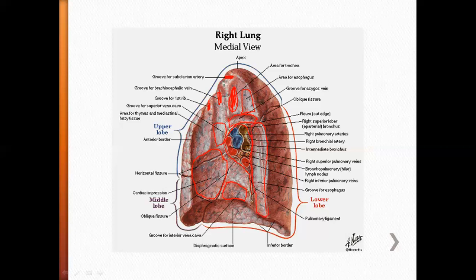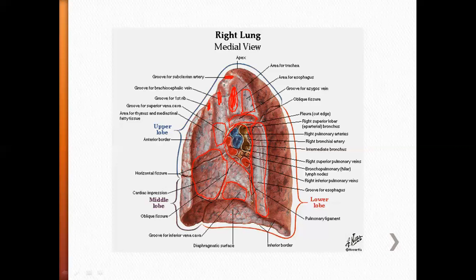Apart from this, you already know this is our vertebral surface, so definitely vertebrae will be related here. All these structures will be related in the mediastinum space. That is why we call this surface the mediastinal surface. You already know this is our diaphragmatic surface, where the diaphragm is related.